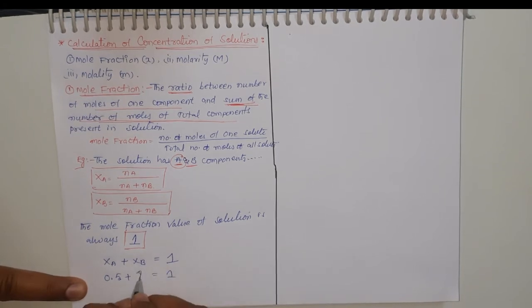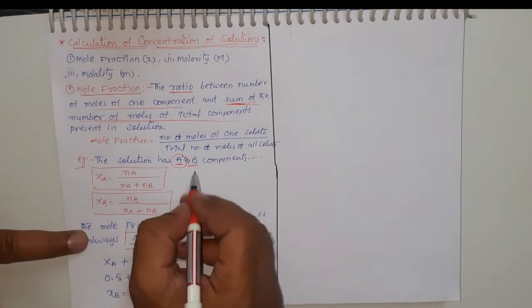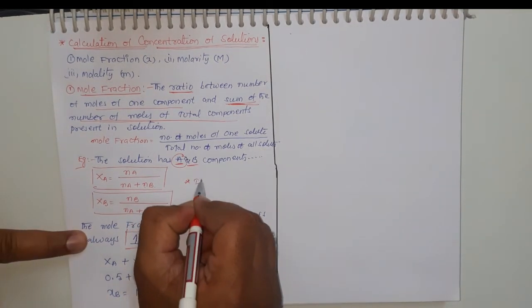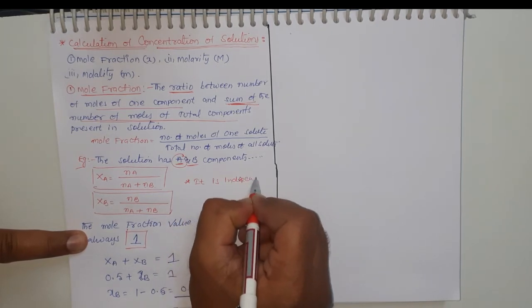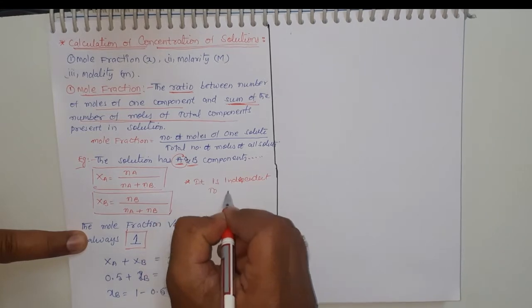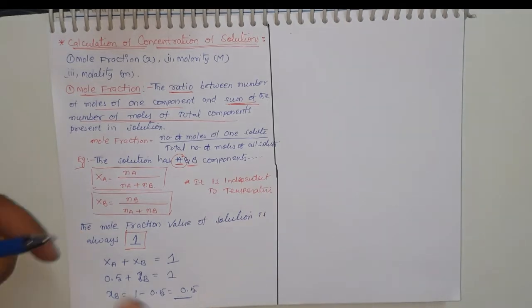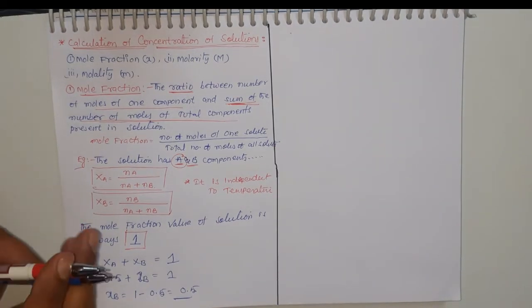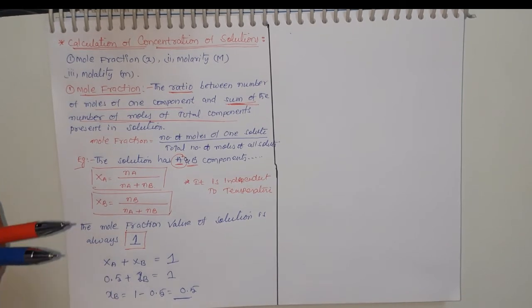XB is equal to 1 minus 0.5, that is 0.5. Another important point is that it is independent of temperature, meaning the mole fraction values don't depend on temperature. Okay.